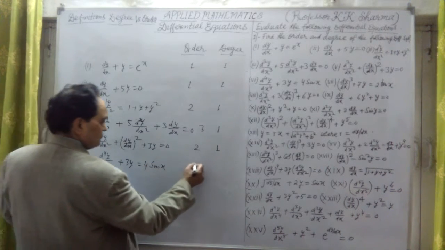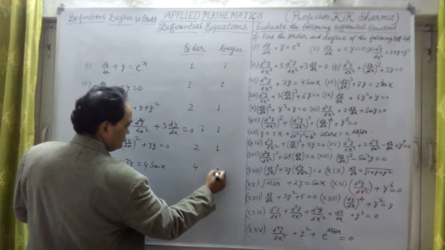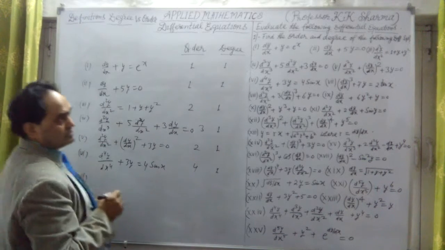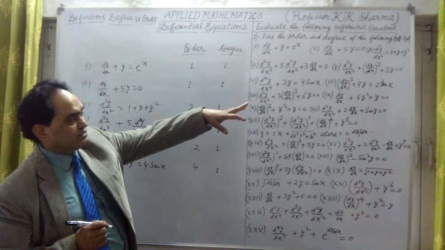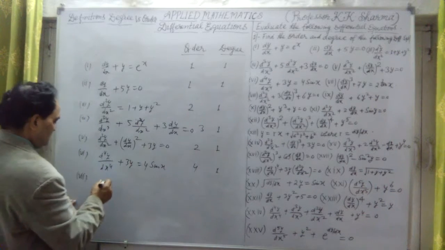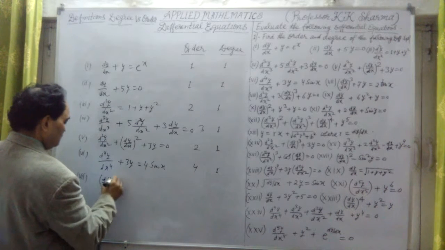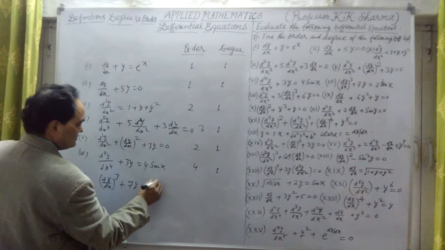Again, this is order 4, a fourth order derivative, but the degree is 1 here. Now the seventh, question number 7: (dy/dx) whole cube plus 7y equal to 2 tan x.